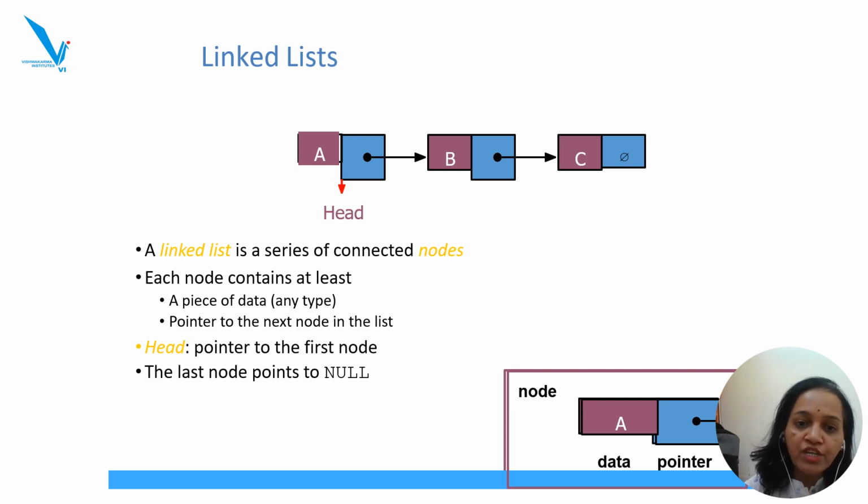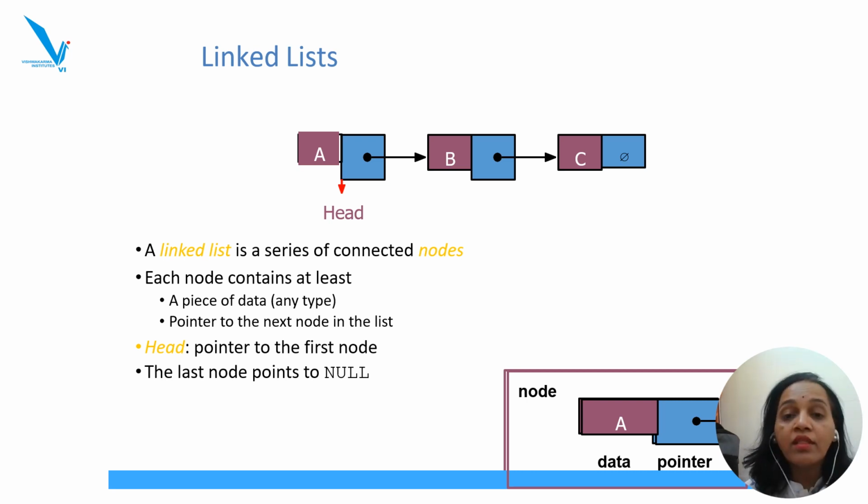Now each node contains two parts. As you can see, there is a brown part and there is a blue part. In the first part, you have to store the data. A linked list can store integers, doubles, that means numericals, strings, characters, whatever type of data you want to store, right? The second part is a pointer to the next node in the list.